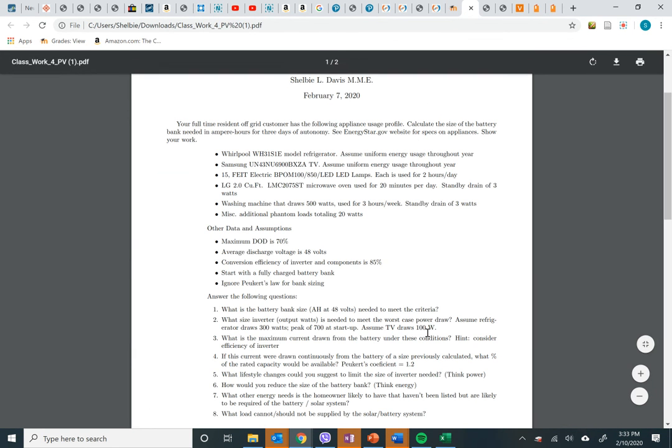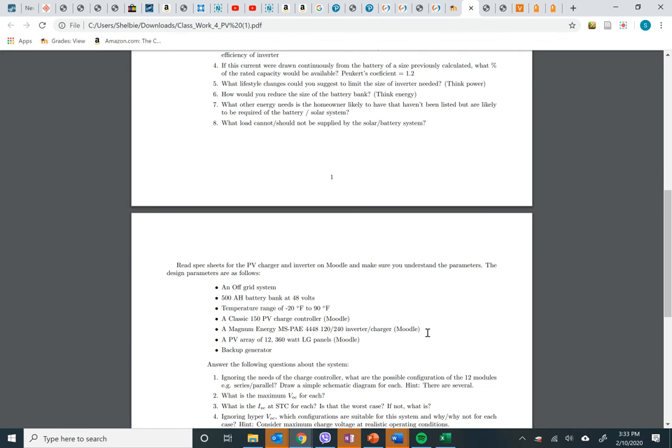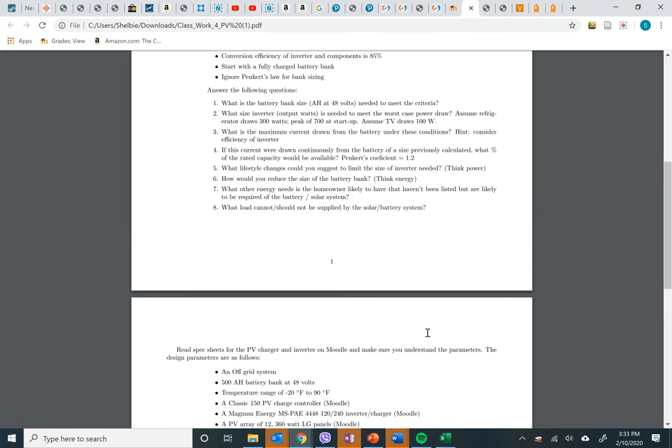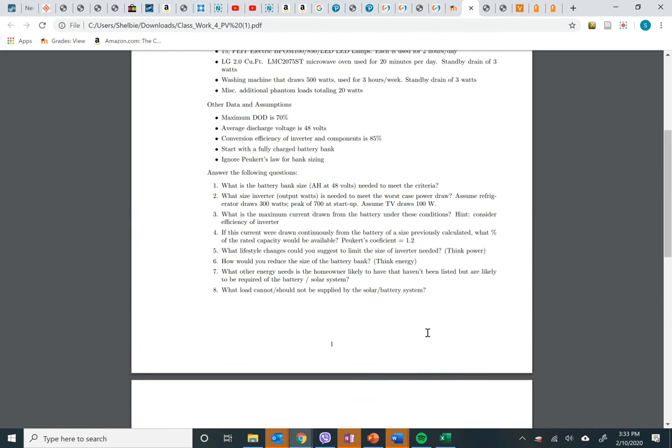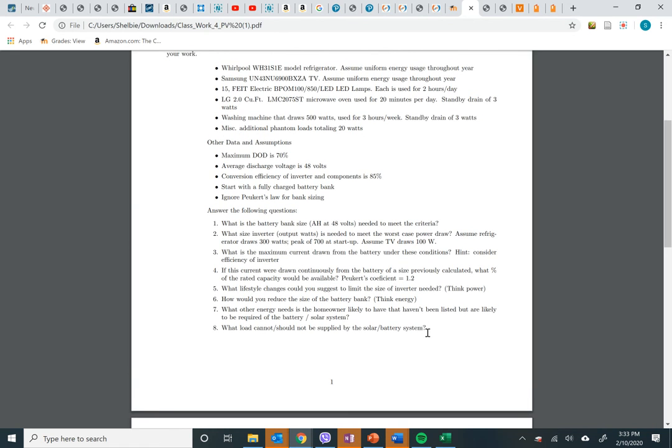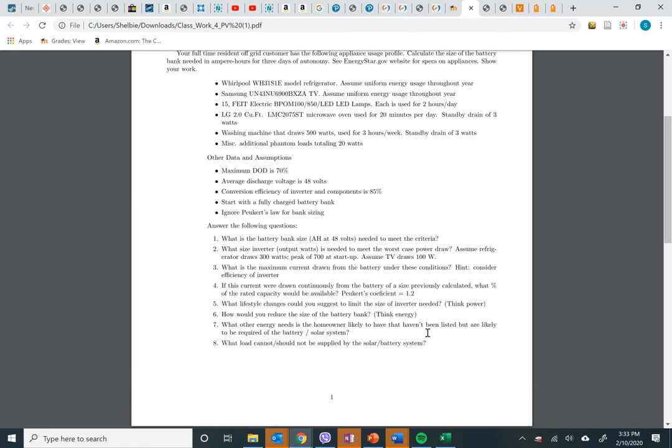Is that supposed to be 20 watts per day per year? Miscellaneous? That is supposed to be, let me roll up here. Total 20 watts per day.